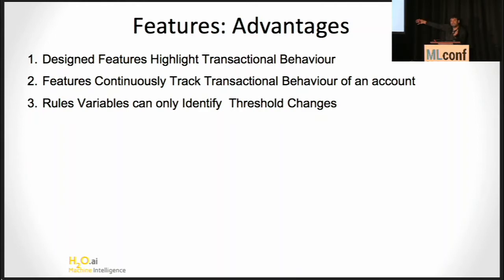Now, if you were to design this, your signal could also be the deltas between these different values. So I could calculate what my balance is today, and what my balance is tomorrow, and the delta of which could give me another signal. So these are data points that help us identify new behavior.